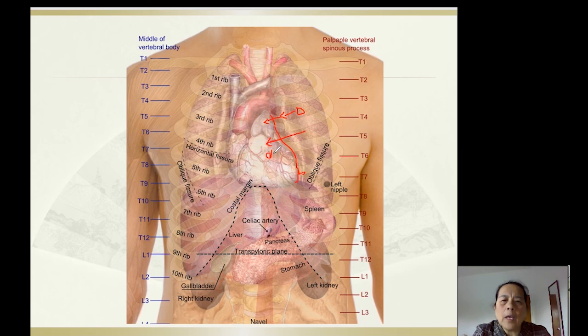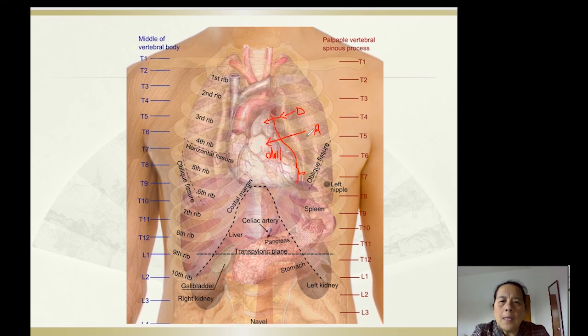Heart sounds are dull, because it is a solid organ. Lung sounds we talked about before: it's half solid and half air inside, so that sound we give a special name, resonance.